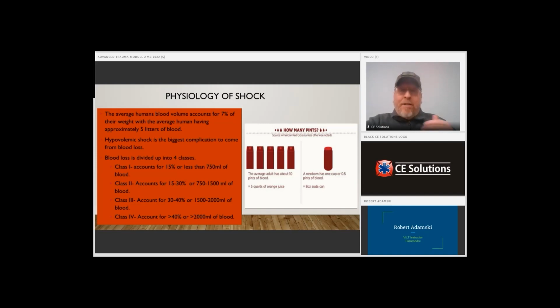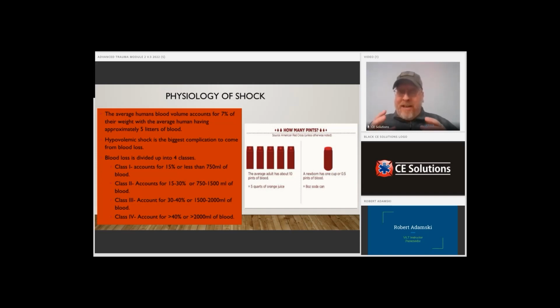And then we get into other injuries, such as a pelvic fracture or a pelvic injury that results in hemorrhage into your pelvic cavity. That can result in a blood loss of 4 to 6 liters of blood. And we just said that the average human only has about 5 to 5.5 liters of blood. If you can lose 4 to 6 into your pelvis, guess what? That's your whole blood volume.